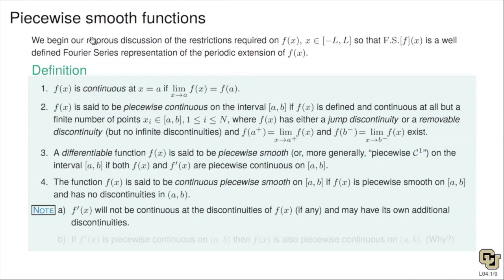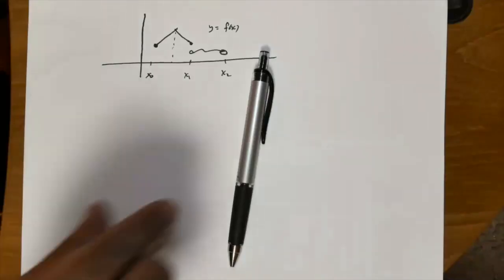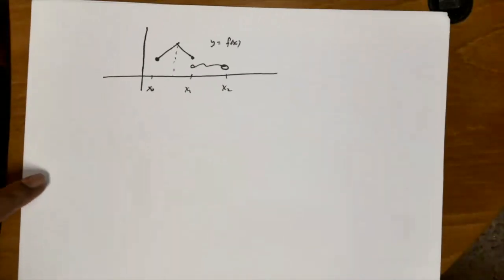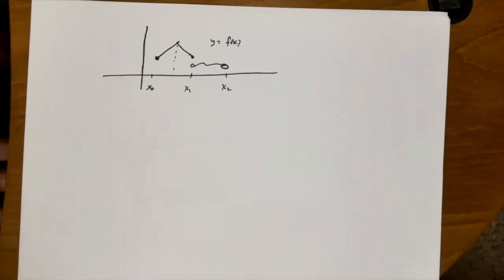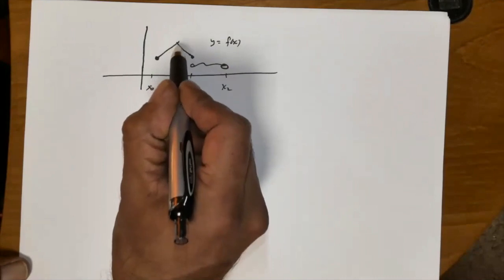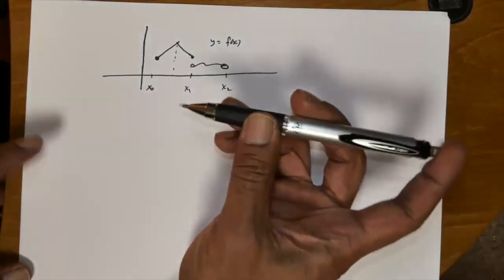Let me switch over here for one second to the document camera. Here I drew a picture of what might be a piecewise smooth function. So f of x is piecewise continuous. You can see the derivative will not be differentiable right here.